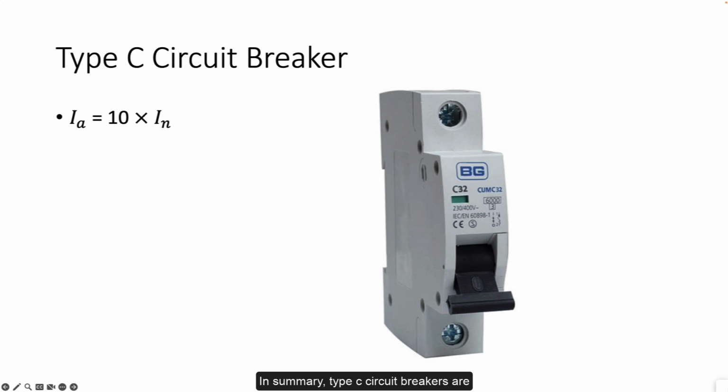In summary, Type C circuit breakers are designed to trip at a level between 5 to 10 times the rated current, making them suitable for commercial applications where there may be motors or fluorescent luminaires with inrush current.